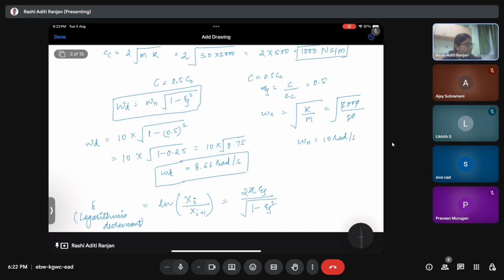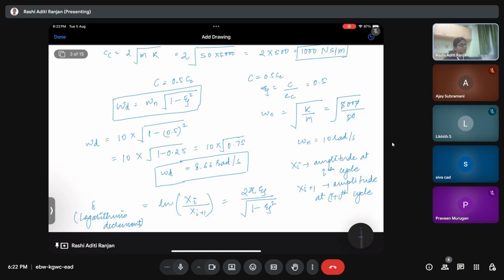Okay, where xi is the amplitude at the ith cycle and xi plus 1 is the amplitude at the (i plus 1)th cycle.